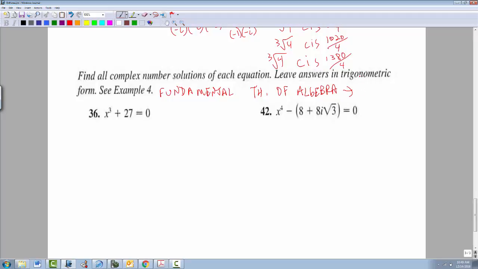If I have a polynomial whose highest degree is n, so if it's x to the nth power, there exist exactly n solutions for that polynomial, that equation. Did you ever hear that before? I have an x to the fourth. There are 4 answers for that x to the fourth equation. Never heard of that before?